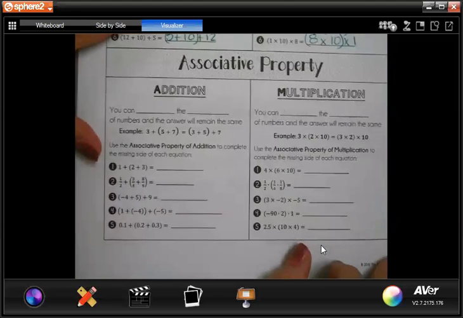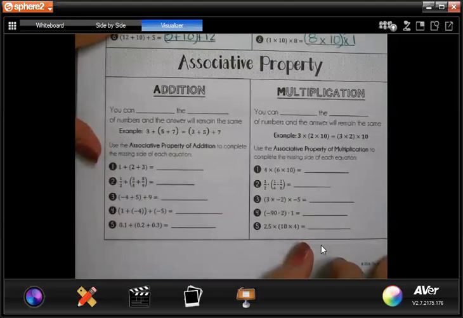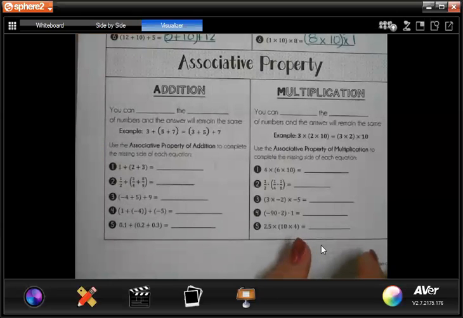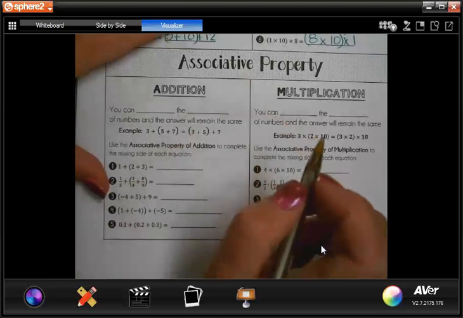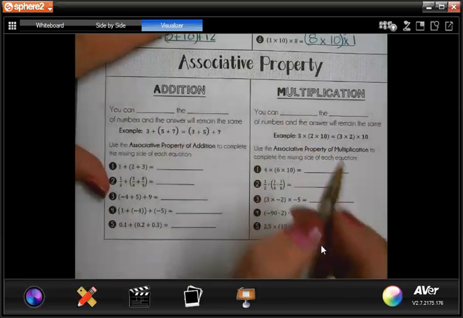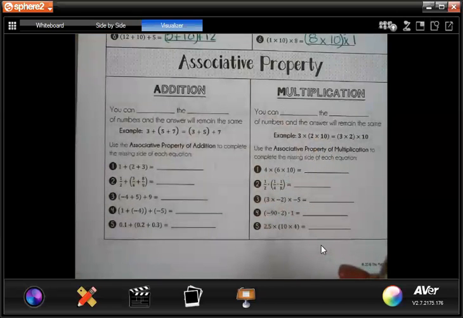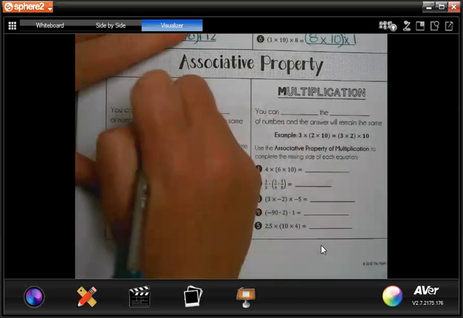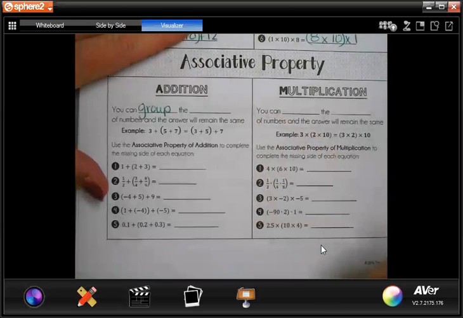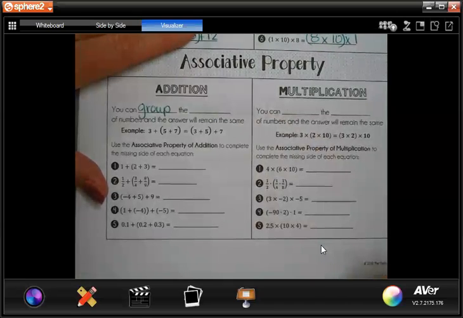The associative property is here so that it allows us to make problems easier to solve. So what we can do is group the numbers and the answers will remain the same.